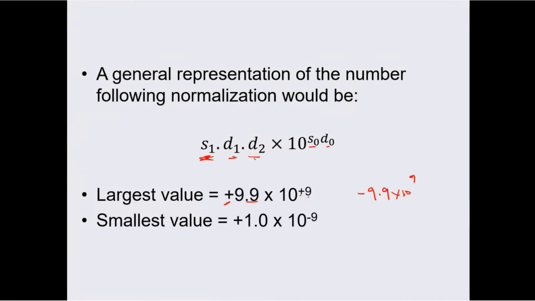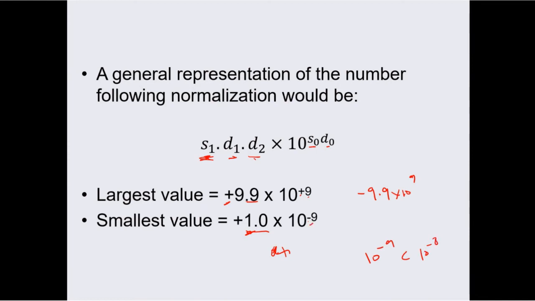The smallest positive value that we can have is 1.0. Of course, you cannot say 0.1 because that doesn't work. You must have some number here before this. Times 10 to the power, of course, if you make it minus 9, then you are going to have the smallest value, because 10 to the power minus 9 is smaller than 10 to the power minus 8.